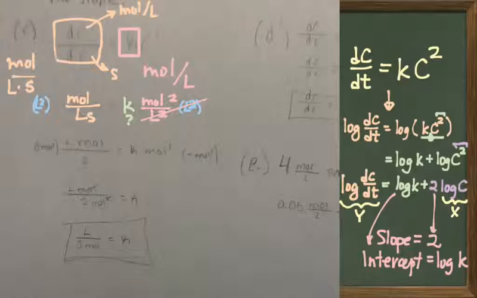And so then you've got, on the left-hand side, your liters in the denominator, canceling one of your liters from the liters squared. And so now your liters are gone from the right-hand side, and you've got just liter moles on the left-hand side over seconds, the unknown K that you're trying to get by itself, and then moles squared.